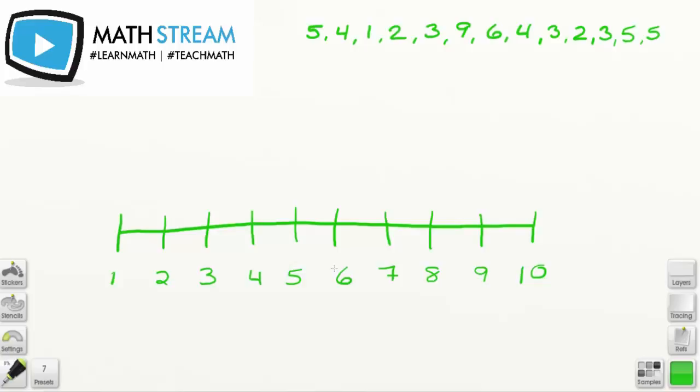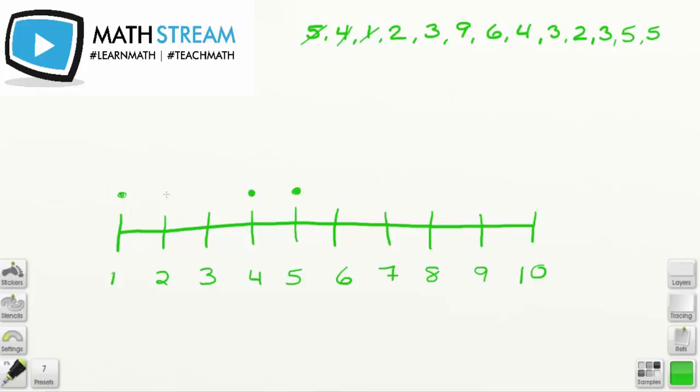And this is how we organize our plot. We go to our first data point, which is 5, and I make a small dot over the 5 on my line plot. I go to the next one, which is 4, and I make a small dot over the 4. Pretty straightforward.